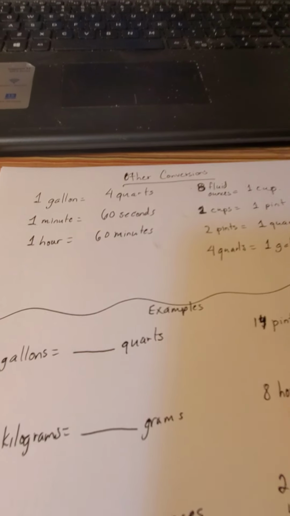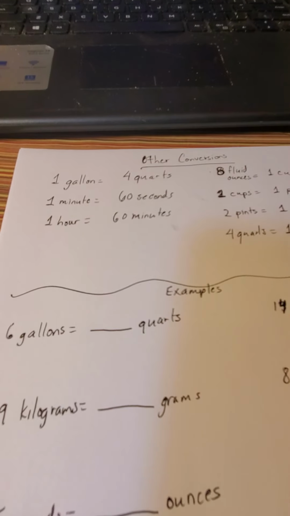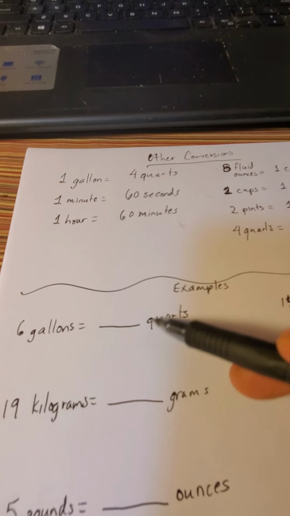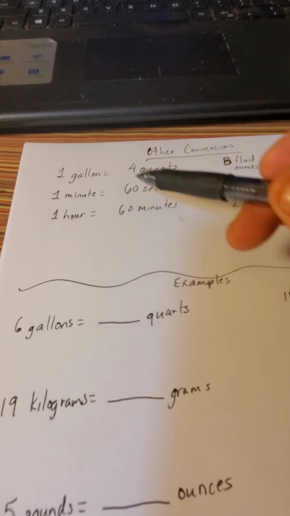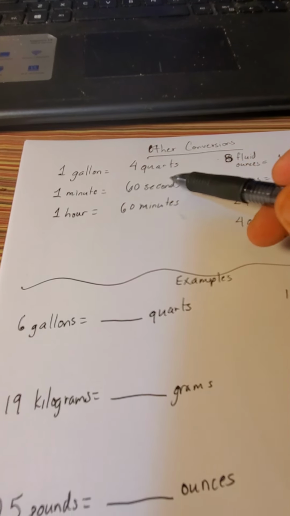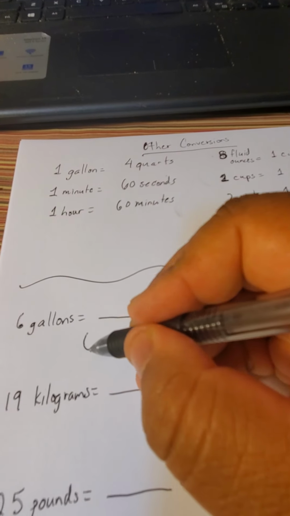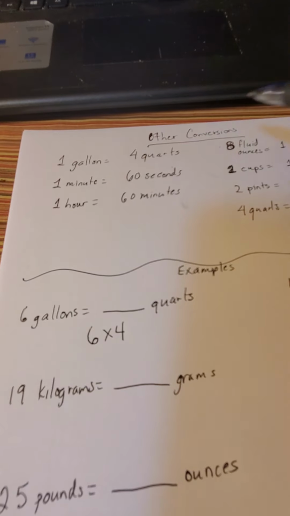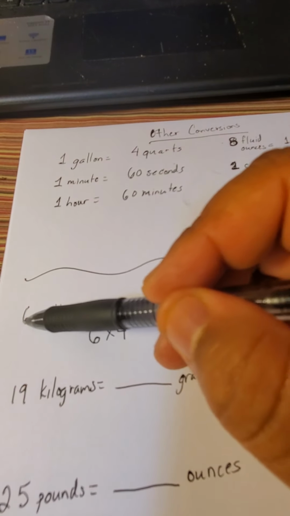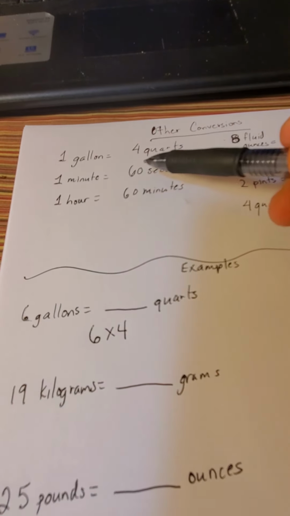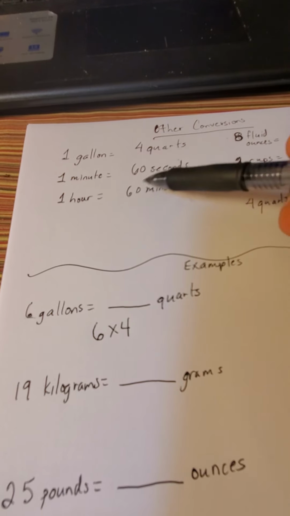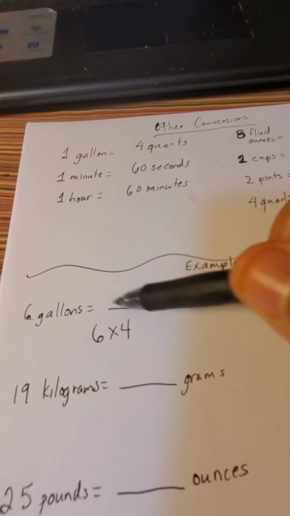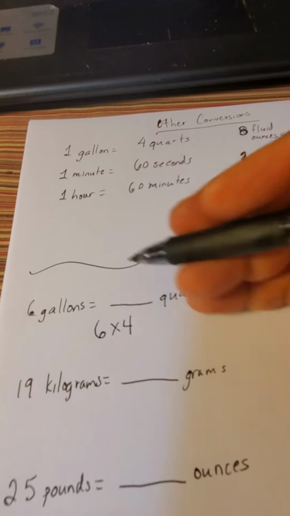So let's do some examples. I have 6 gallons. I want to know how many quarts. Well, I know 1 gallon is 4 quarts. So to solve it, I would do 6 times 4. Why 6 times 4? Because I have 6 gallons, and every gallon is 4 quarts. So if I have 6 gallons, it's 6 times 4.